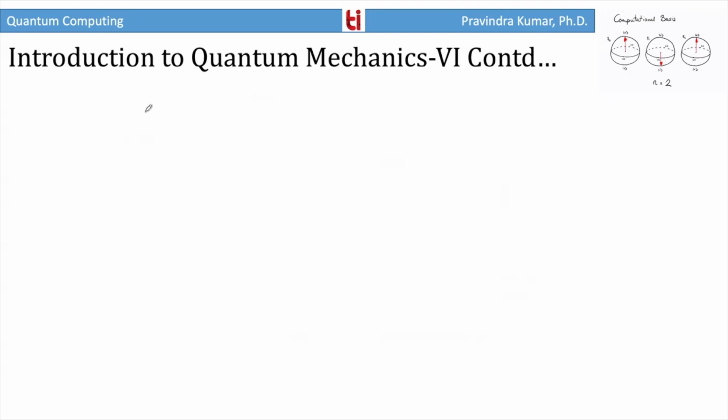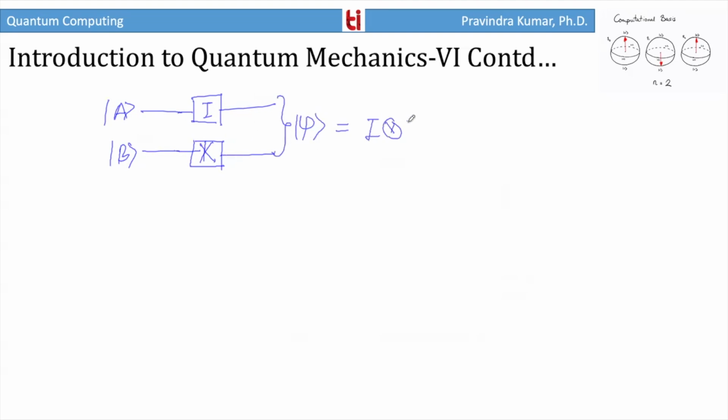So if I have a system with qubit A and qubit B, and I apply the identity gate on qubit A and the Pauli X gate on qubit B, then the final state psi is represented as I tensor X applied to AB. Here the input is simply the tensor of A and B, written as ket AB.